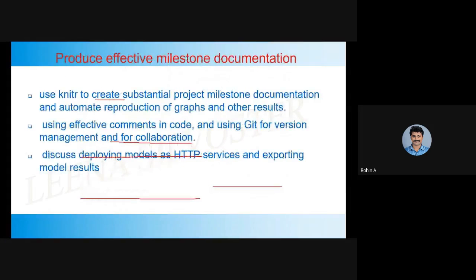Various ways of forming an effective milestone include using Knitr to produce documentation, using effective comments, using Git for version management, and deploying models as HTTP services and exporting model results.